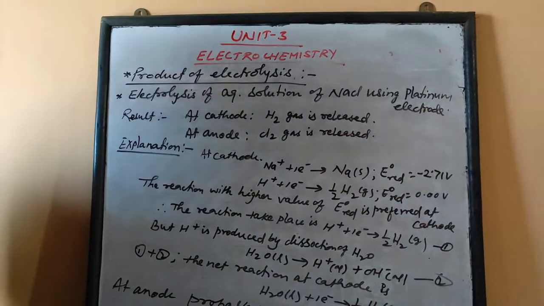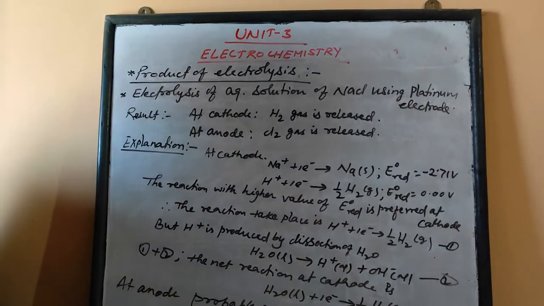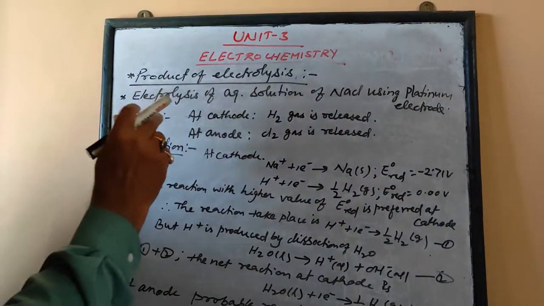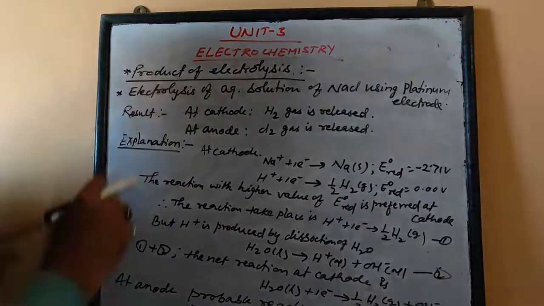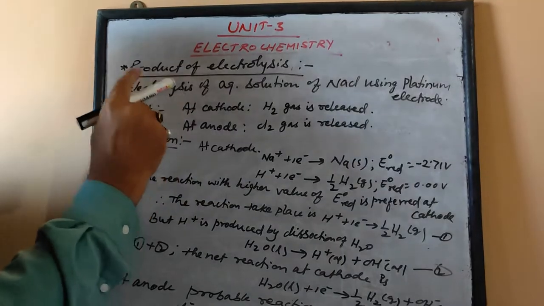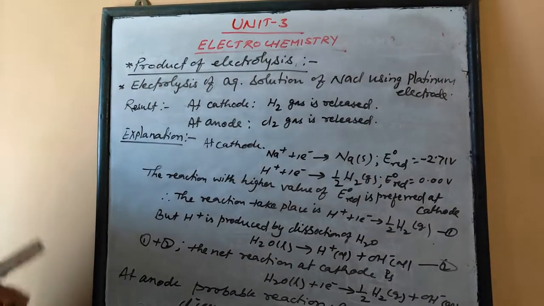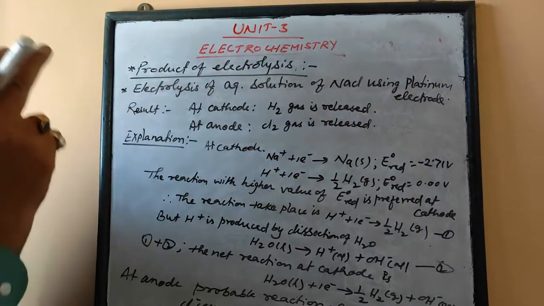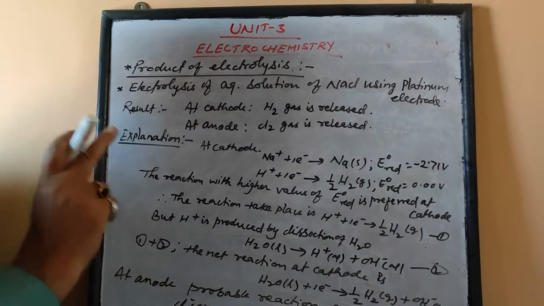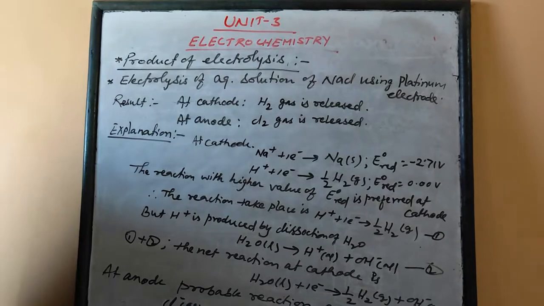We have seen that at cathode Na solid is released and at anode Cl2 gas is released when we do electrolysis of molten NaCl.